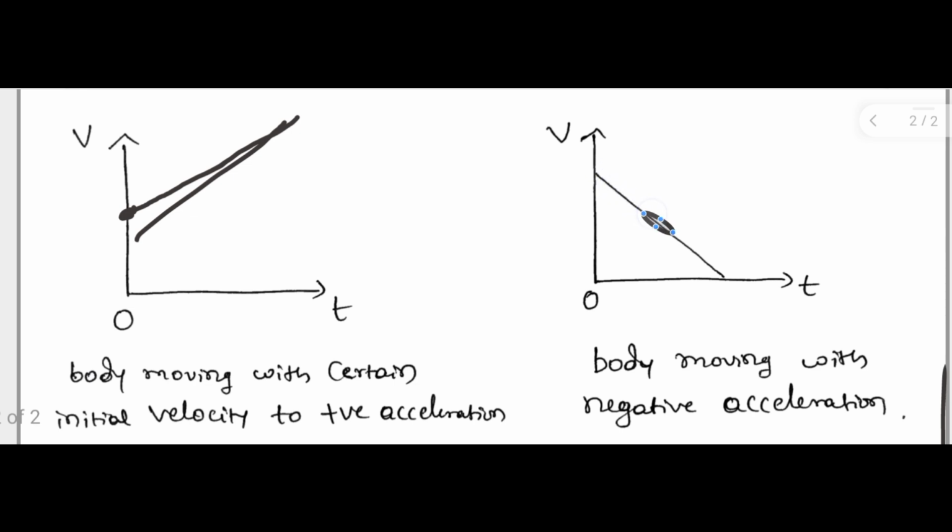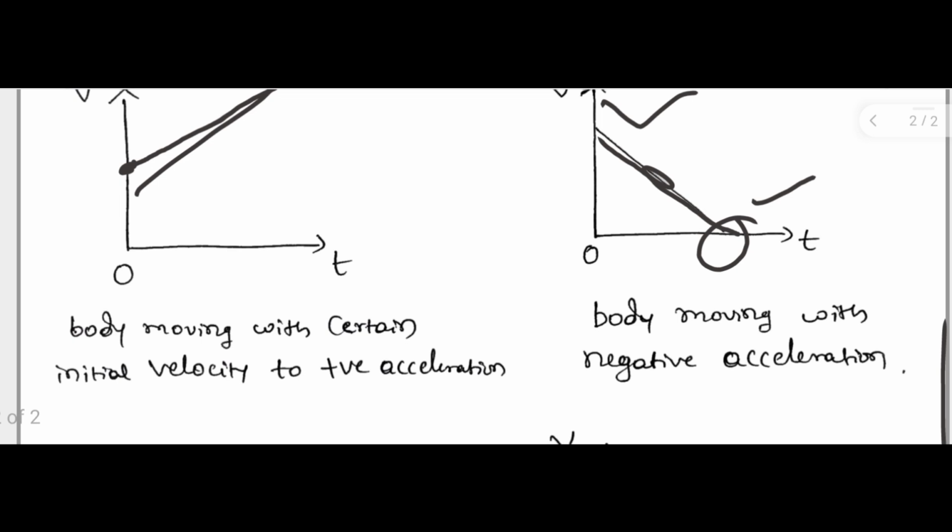From that magnitude the body goes on decreasing, then it reaches 0, from higher to lower. This graph is known as a body moving with negative acceleration. When we observe a decreasing curve in a graph, that indicates negative acceleration.